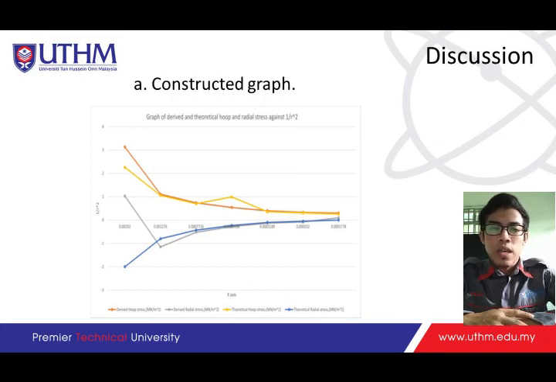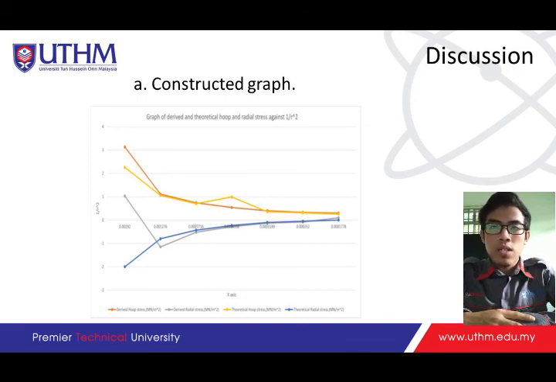After we have plotted the graph, we can see that for the theoretical and derived hoop stress, based on the yellow line and the orange line, there are not so many differences in the values, but there is still a fluctuation in the middle of the line.